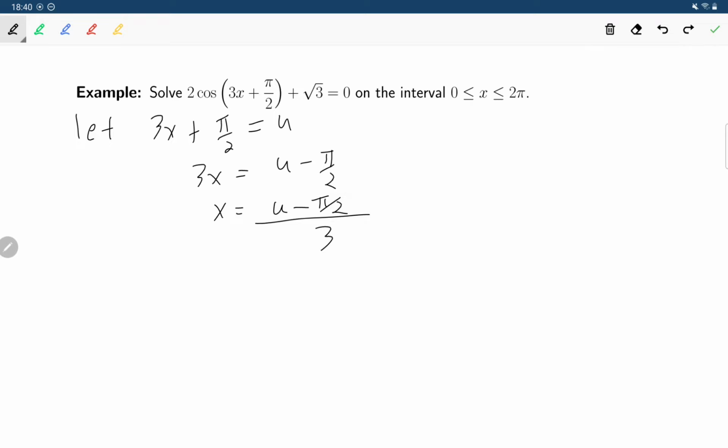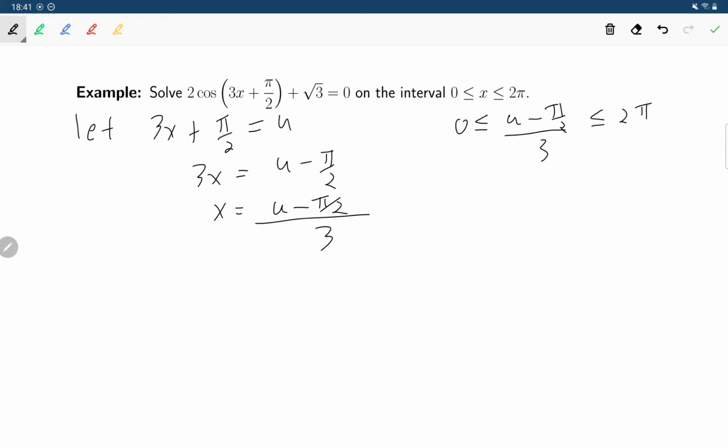I'm going to say that since we want 0 to be less than or equal to x to be less than or equal to 2 pi, and since x is equal to that expression, then 0 will need to be less than or equal to that expression, less than or equal to 2 pi.